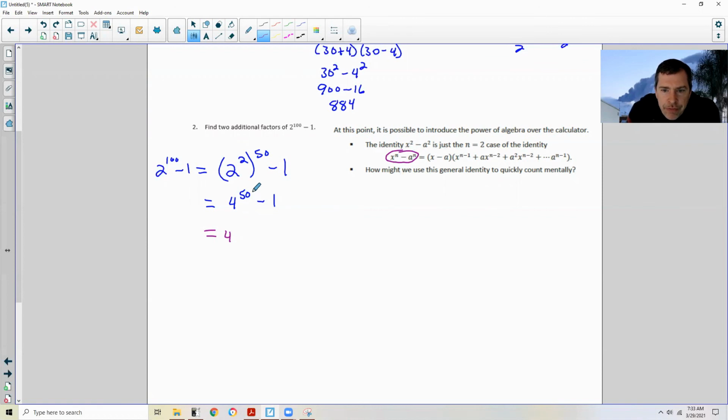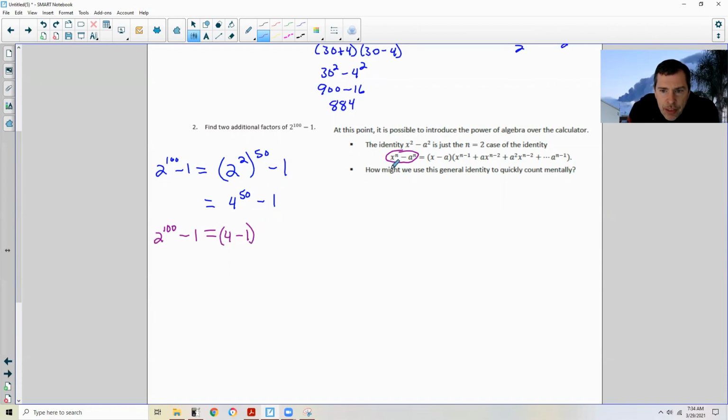So x to the 50, n is 50, minus a to the 50th, which is 1 to the 50th, is going to be just 4 minus 1, times, this is my x minus a here, by the way. So 2 to the 100 minus 1 is going to be the same as 4 to the 50 minus 1. And therefore, x is 4 and a is 1. That's what I'm trying to say here.